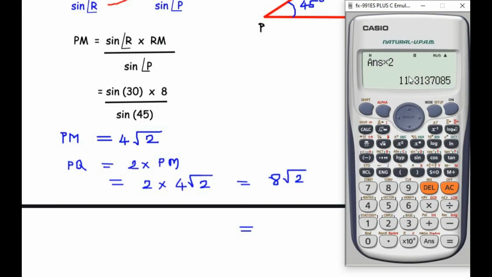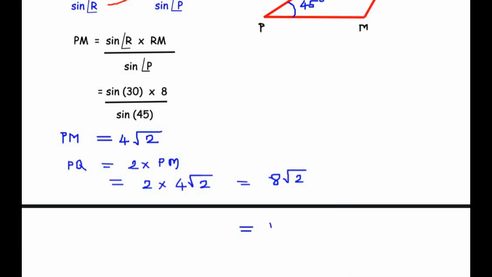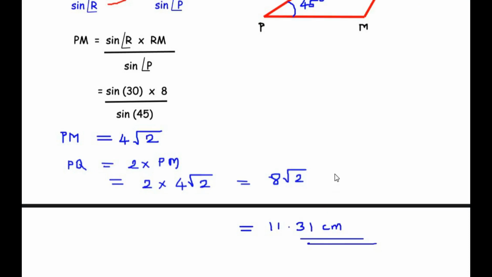So again I'm going to round it to 2 decimal places and write it as 11.31 centimeters. So this is the length of PQ in this question.